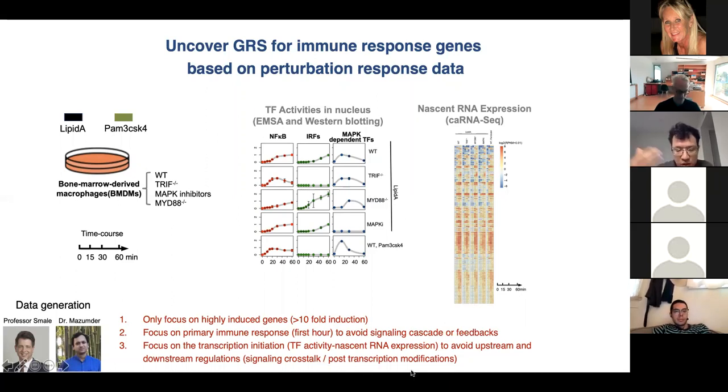In this case, you can get a really clean signal. But usually you also lose some of the other regulatory mechanisms. I guess those things can maybe be identified using a different assay.